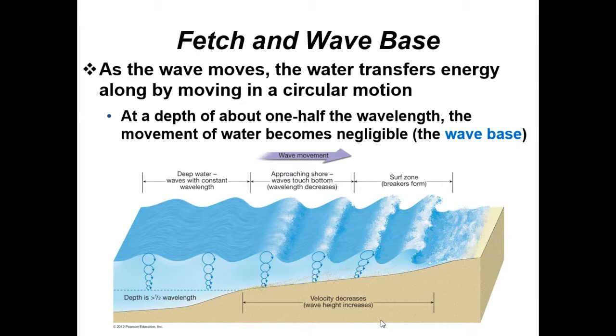That means either pretty minor or nonexistent. So if you were to dive down into the open ocean, below 1/2 wavelength or the wave base, you would be surrounded by calm water, no matter how rough the seas are. So that's an interesting thing that happens there.